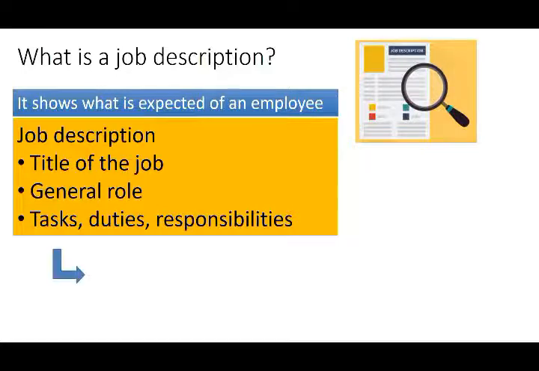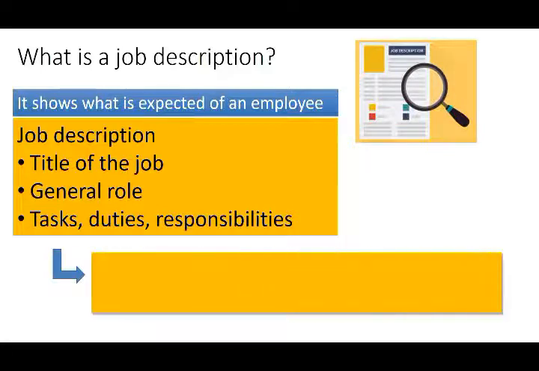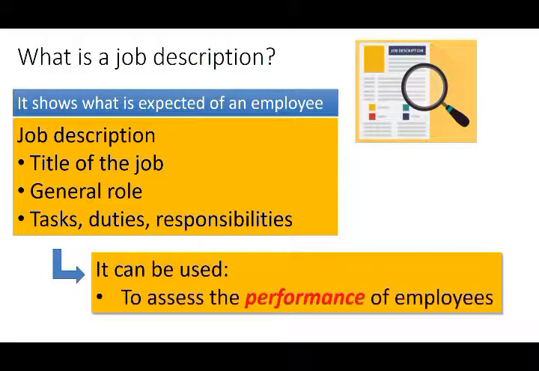Some businesses can use a job description to assess the performance of an employee. Yes, by looking at the tasks. When, for example, every year at school we do performance management, so every year we assess how we've been as teachers. Yes, so the job description is useful for that.